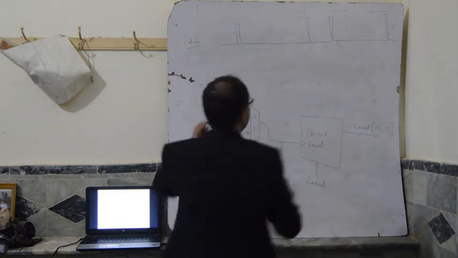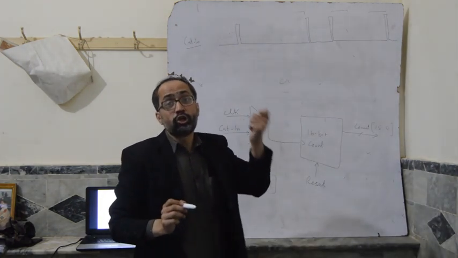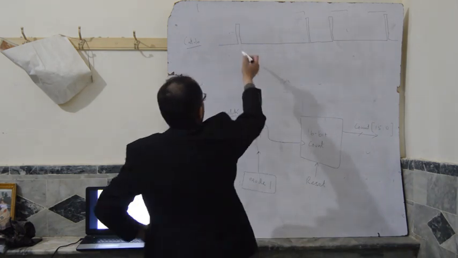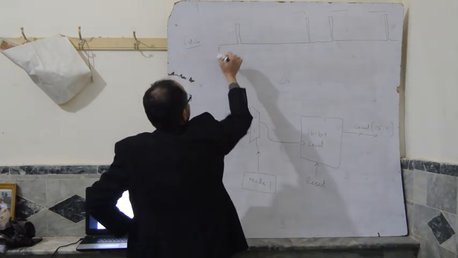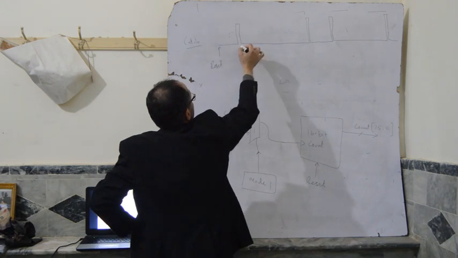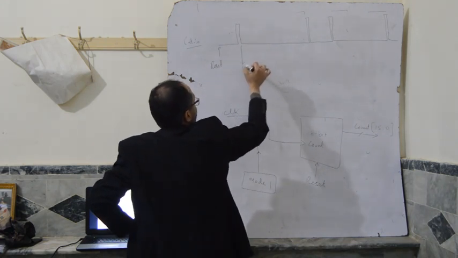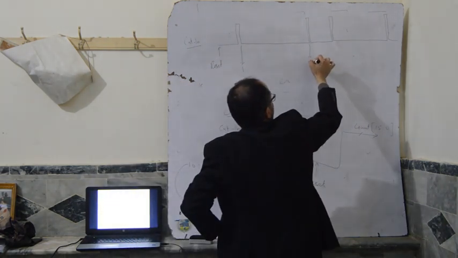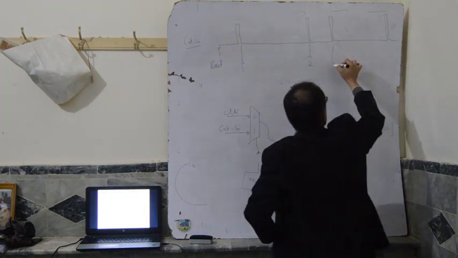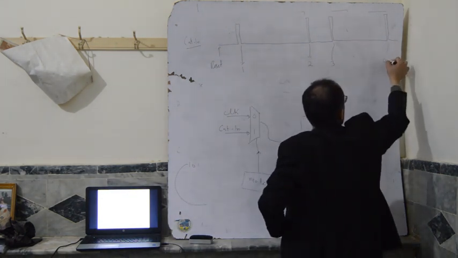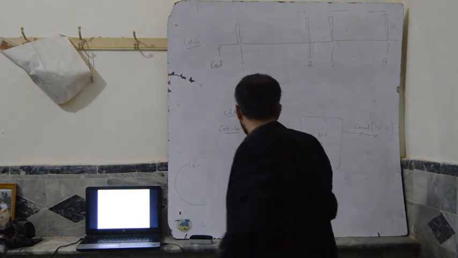Actually, these pulses are generated at non-regular intervals. So at this point, let's assume that the count is reset here. The count at this point will be 1, at this point 2, at this point 3, and at this point 4.